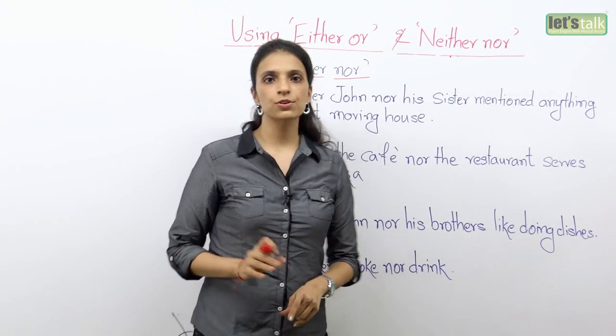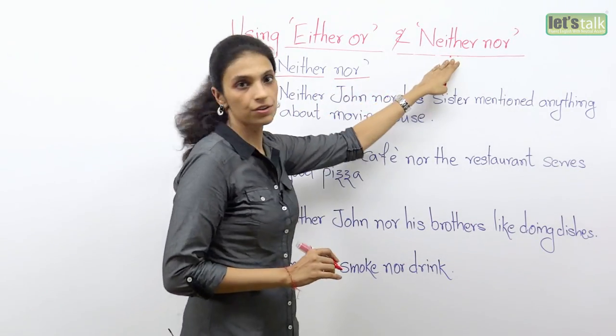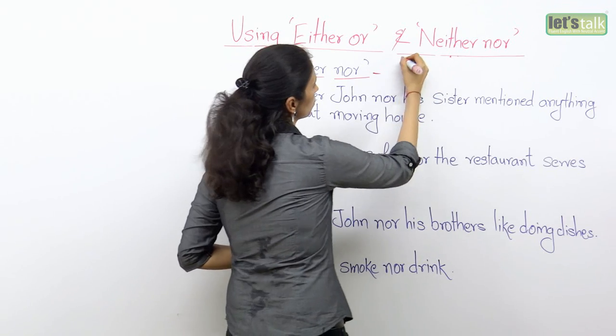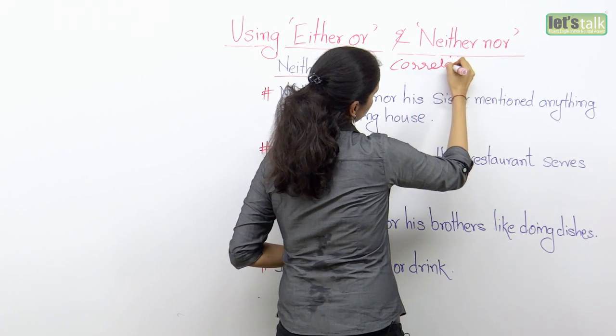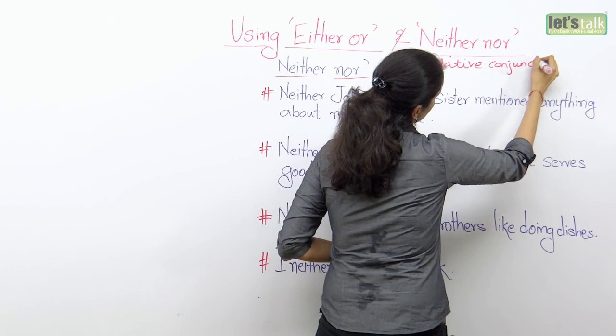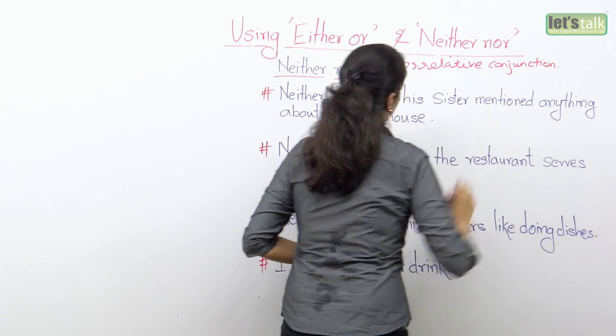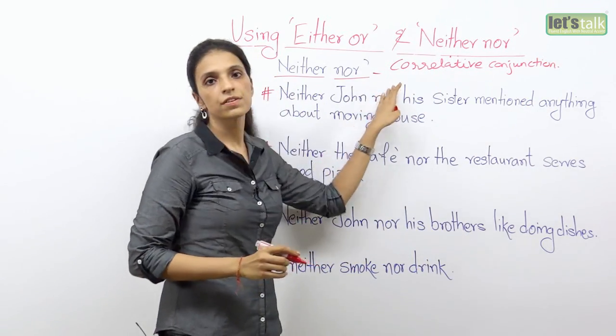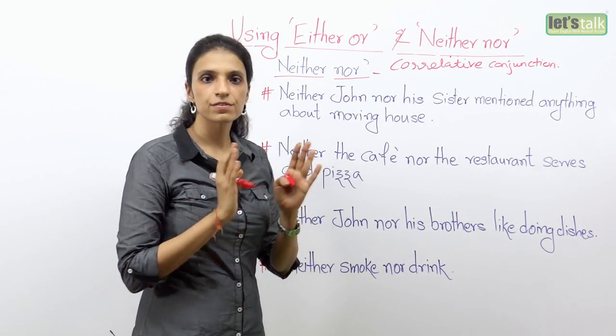So now let's take a look at neither...nor. This is also a correlative conjunction. We use it when we talk about two negative alternatives.